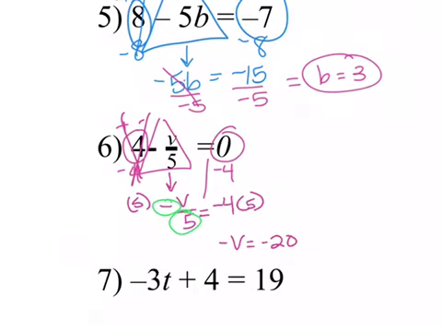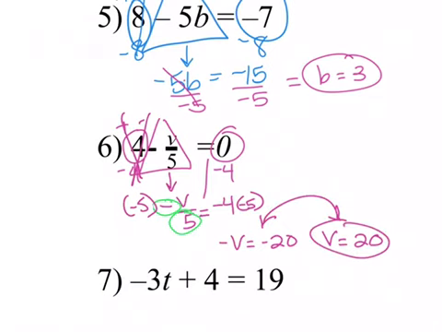So then a positive v would have to equal a positive 20, okay? Or you can go ahead in your problem and multiply by negative 5. So either way, you should get the same answer. Negative v equals negative 20, which turns into positive v equals positive 20.